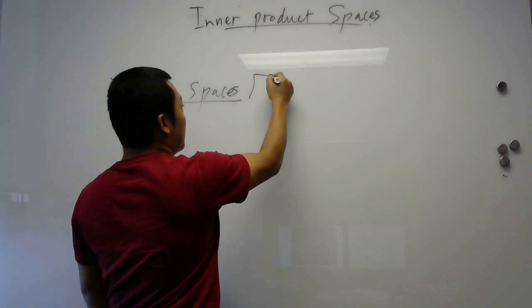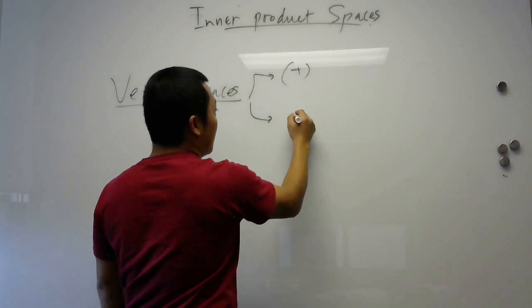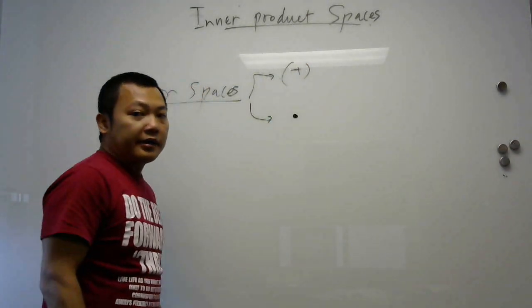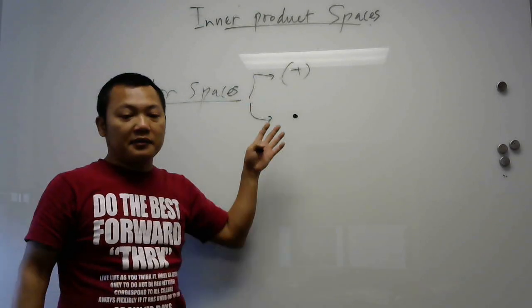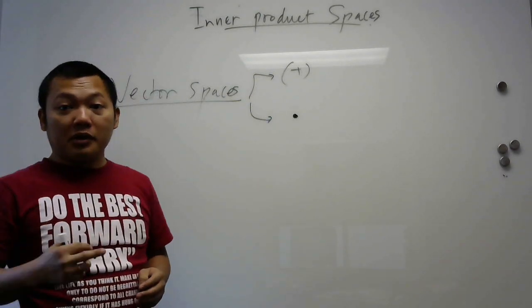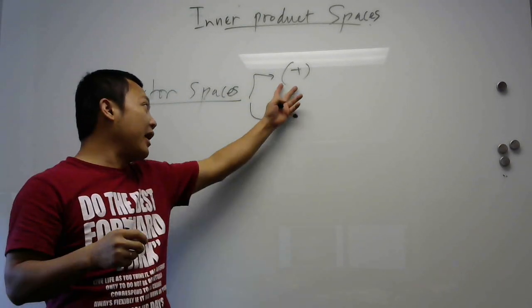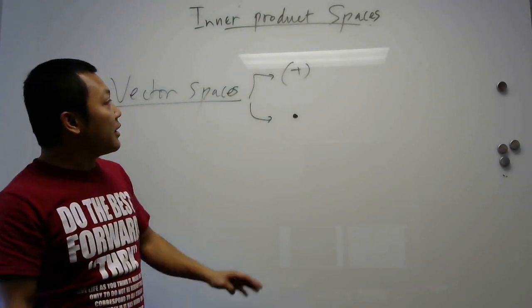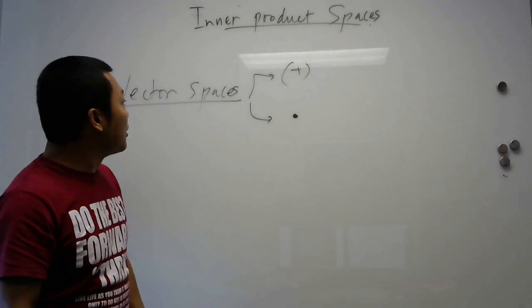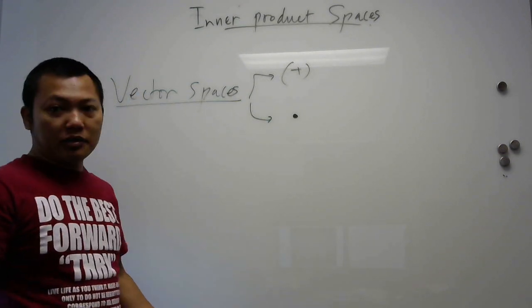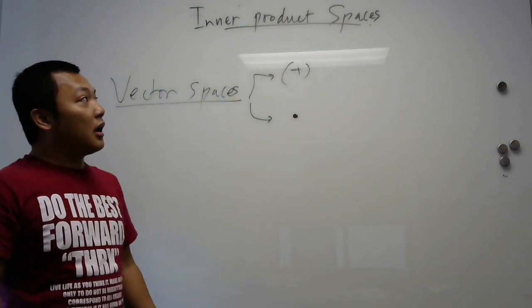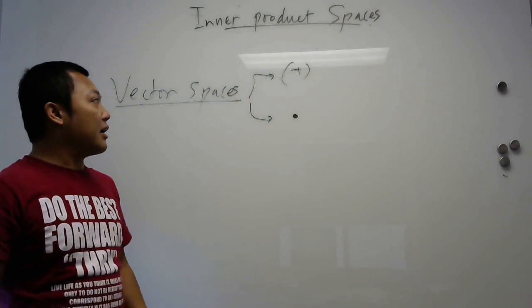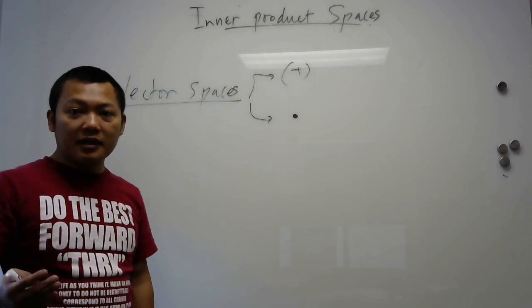The first operation is addition, and the second one is scalar multiplication, right? And these two operations should satisfy 10 properties, five for each. Then a set will be a vector space. When we work with a vector space, we don't say anything about the geometry of that space, because we don't have any distance.